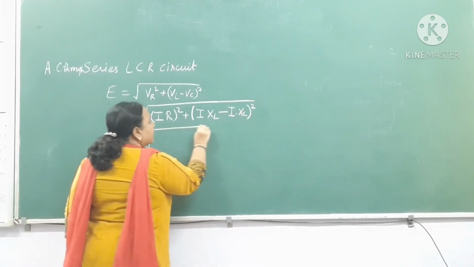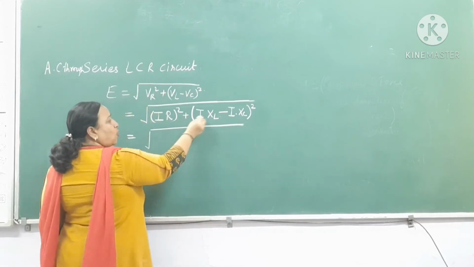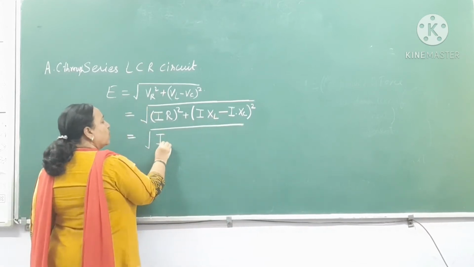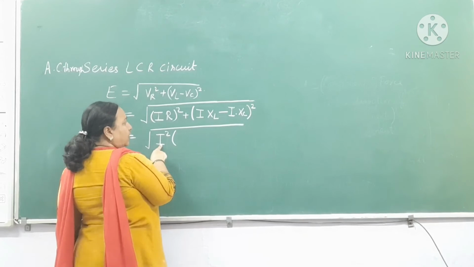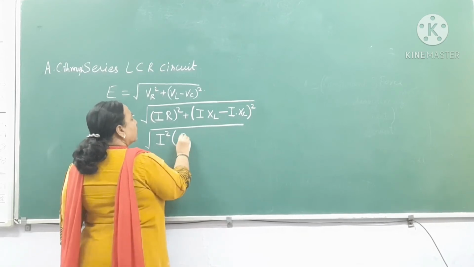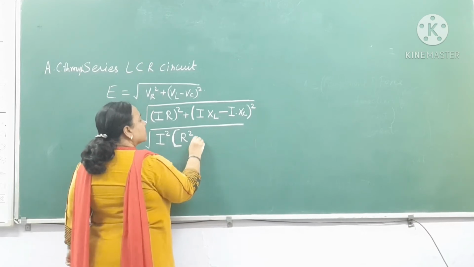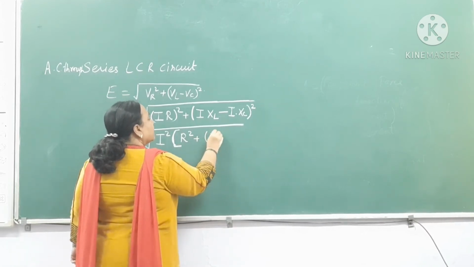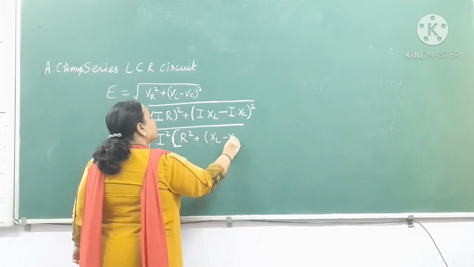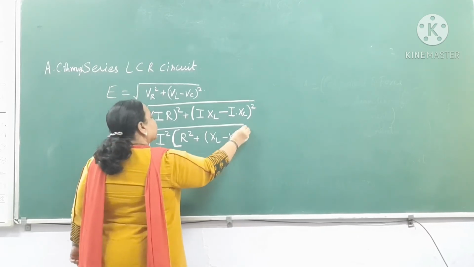This can be written as, I is common in all terms, so I square is taken out of bracket. Common terms written as R square plus XL minus XC whole square.